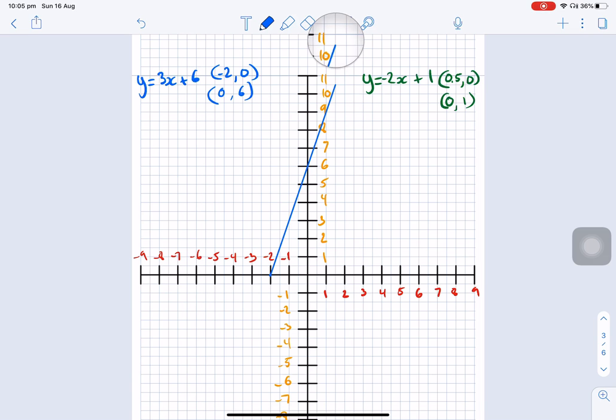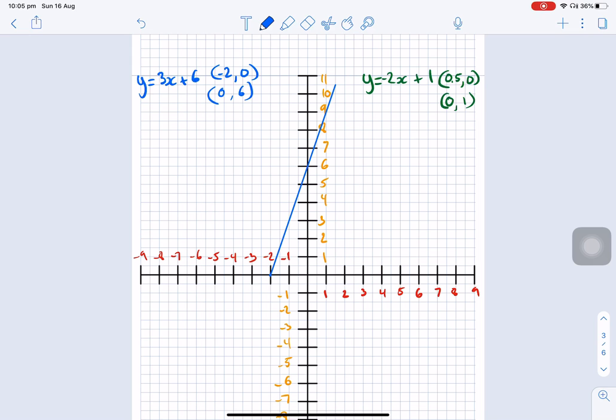Make sure we go through both intercepts. Keep that. That's the right equation. It's easier with a ruler apparently.